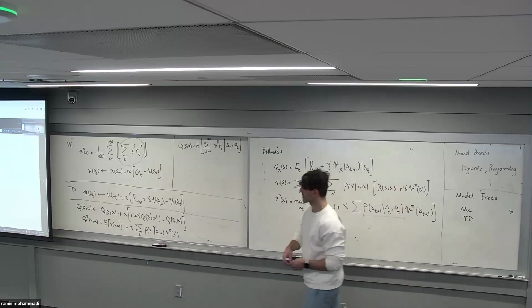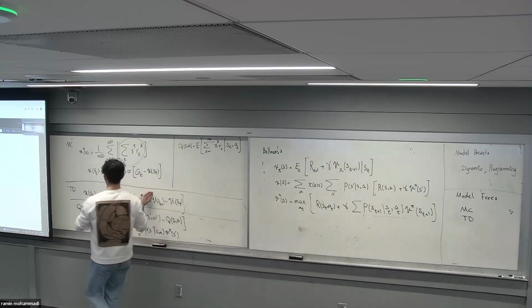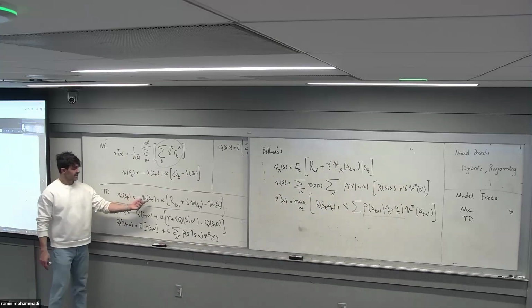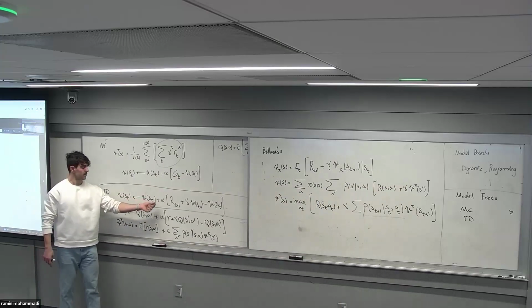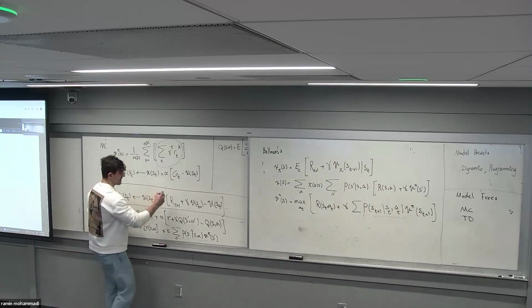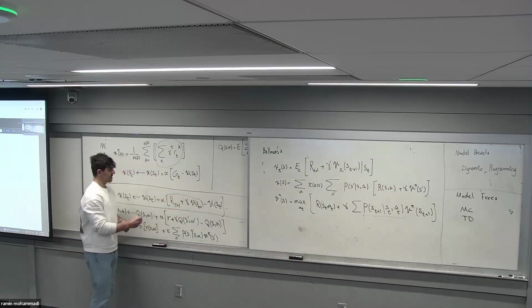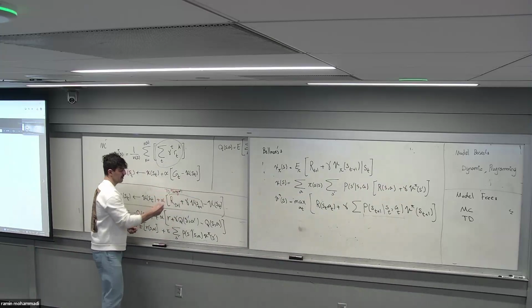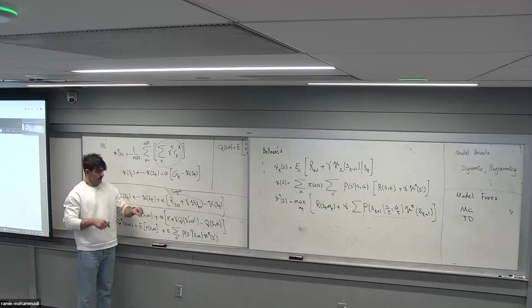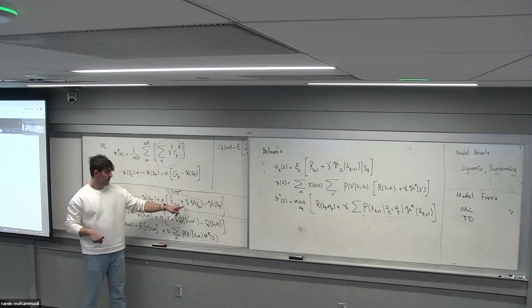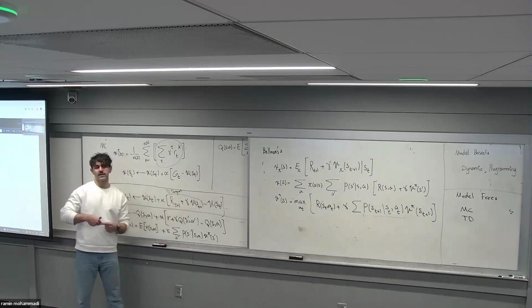So TD learning for the same value function, basically the equation changes: your previous belief plus that step size, the learning rate, times this term, which is called the TD target. And the TD target basically is that from the state, when you took an action, the immediate reward plus the discounted value of the next state that you are going to.